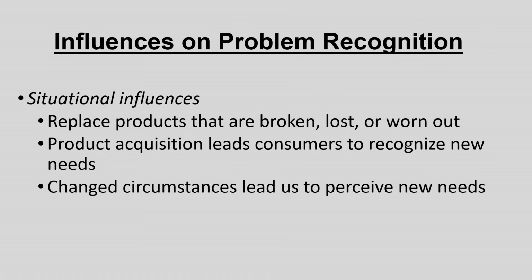So we'll start first with the situational influences, which are those factors in the situation itself in a buying process, which actually make consumers realize that they have a problem or a difference between the actual and desired state.